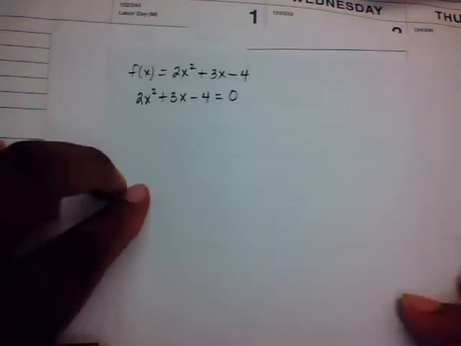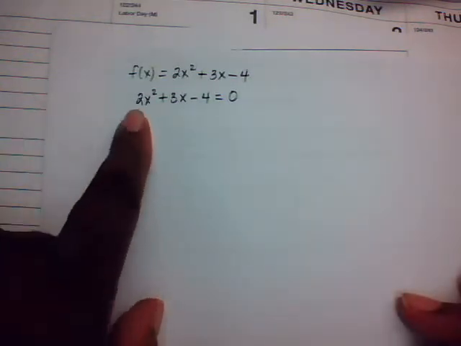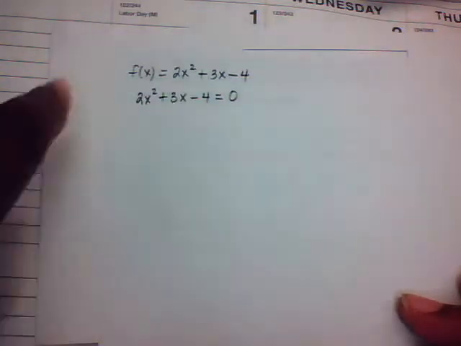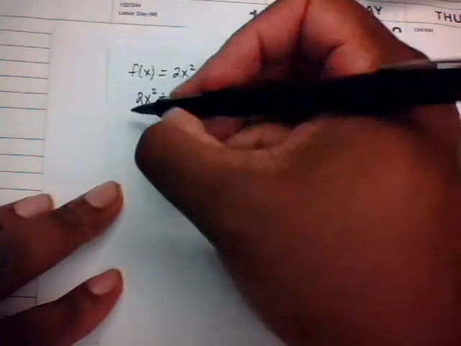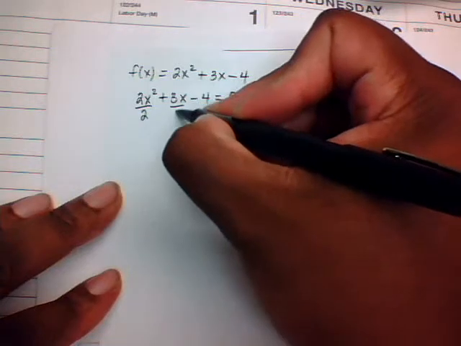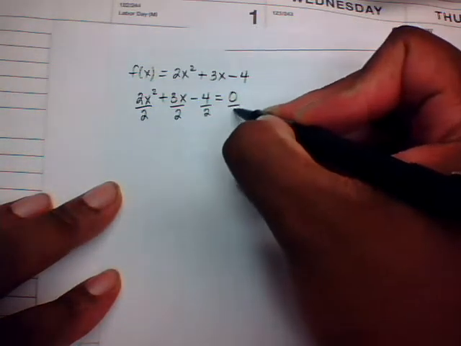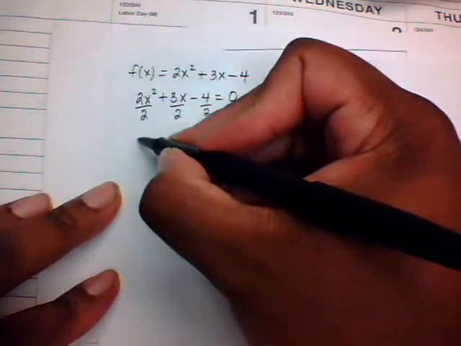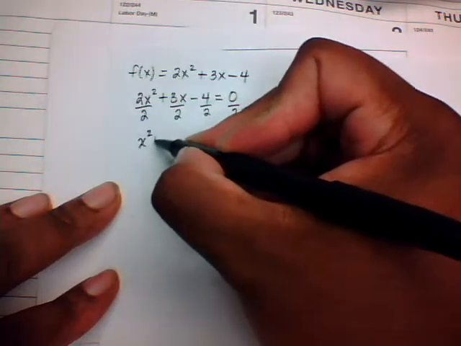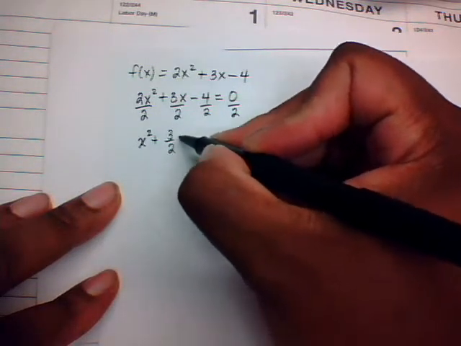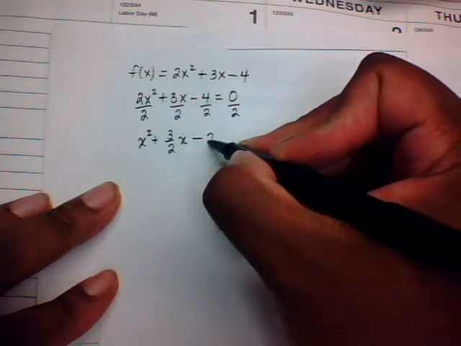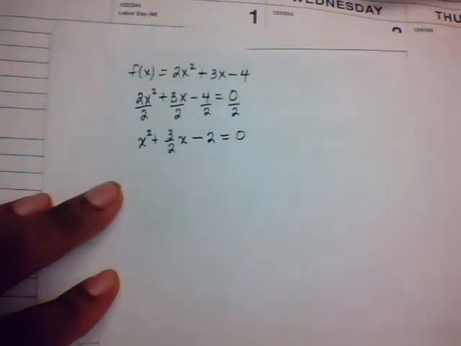And what we're going to do here, since that 2 is in front of the x squared, we're going to divide each and every term in this equation by 2. Just like this. That means I'm going to have x squared plus 3 halves x minus 2 equal to 0.